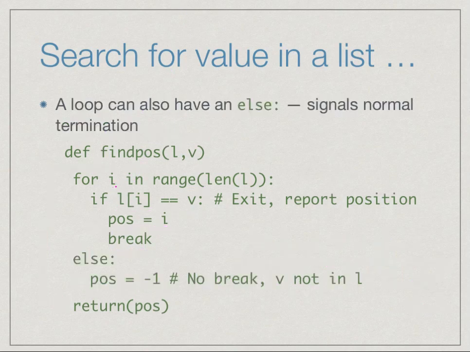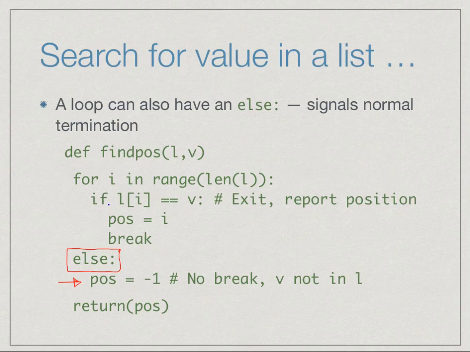Python is one of the few languages which actually provides a way to do this. It allows something that looks a bit odd because of the name. It allows something called else, which we saw with if. It allows an else for a loop as well. The idea is that this else part will be executed if there is no break, if the loop terminated normally. So don't worry about the fact that else doesn't mean this in English.